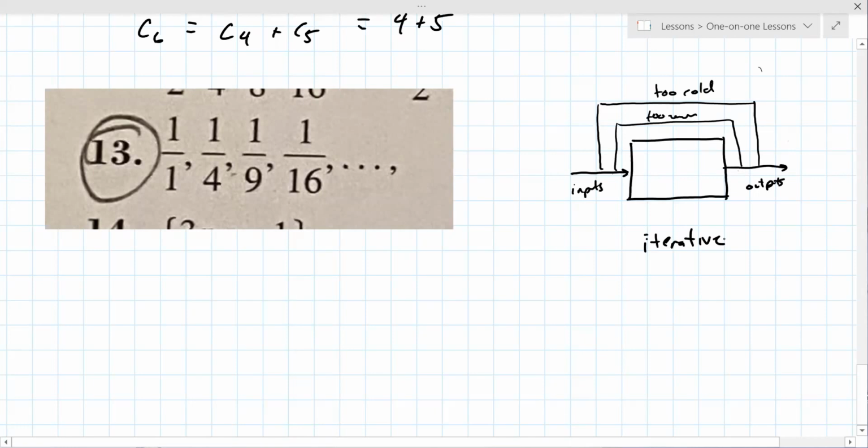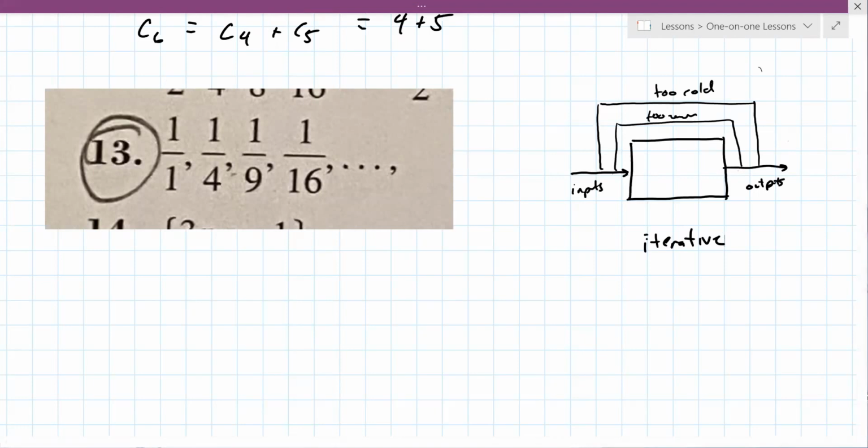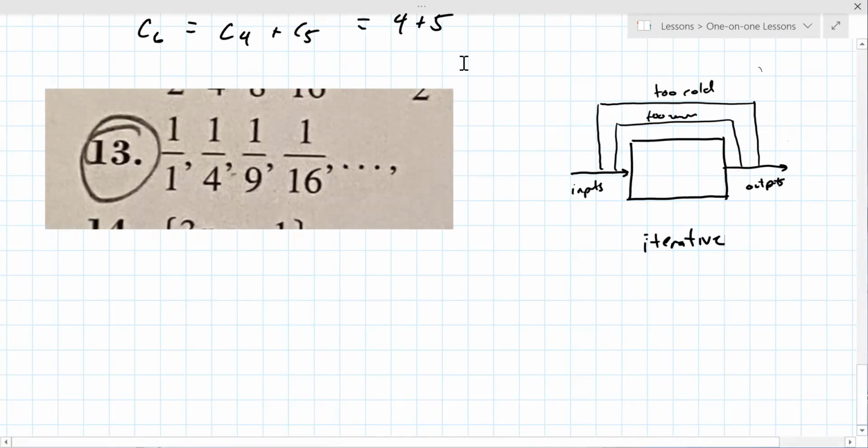All right. So number 13, it says determine whether the sequence converges or diverges. So this is very challenging for most students because it converges, meaning it might approach some number, and you might not believe it or not.